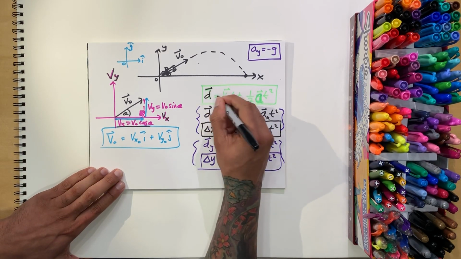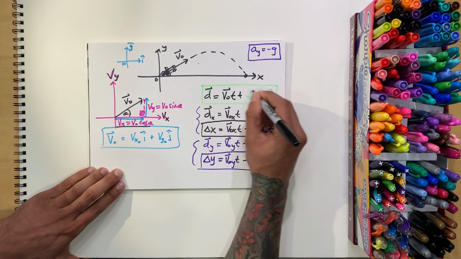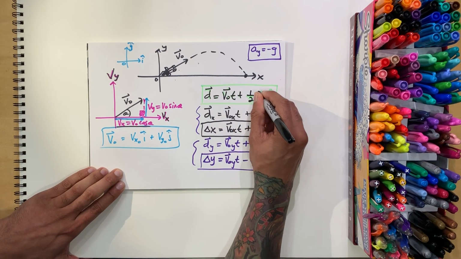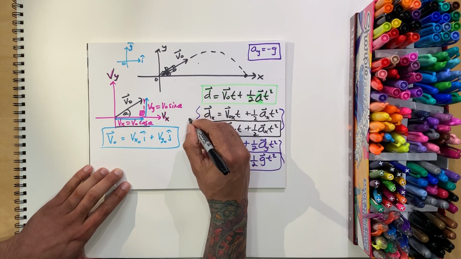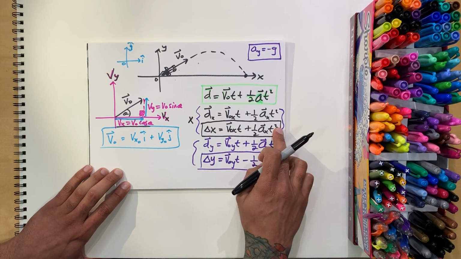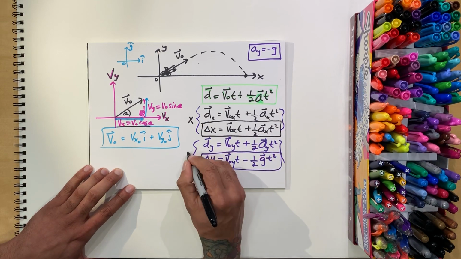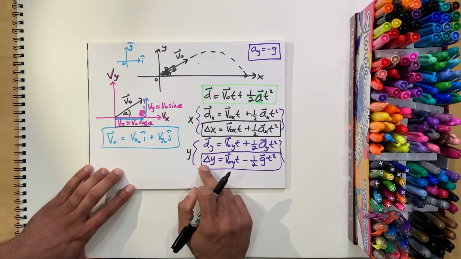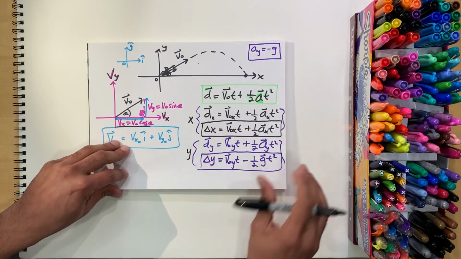So displacement is equal to velocity initial times time plus 1/2 A T squared. We break it up into the X and we get our X kinematics, displacement, and then we get our Y displacement equation and move forward.